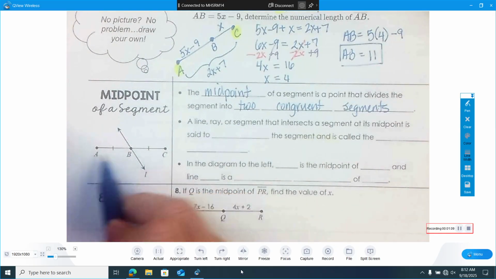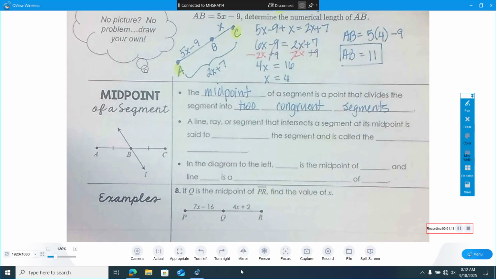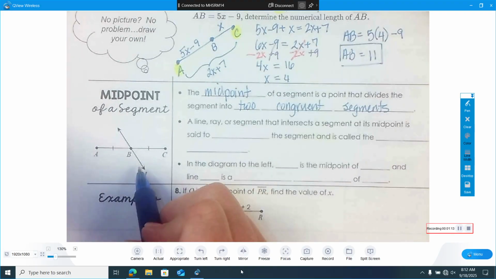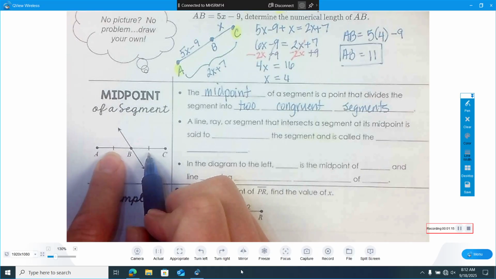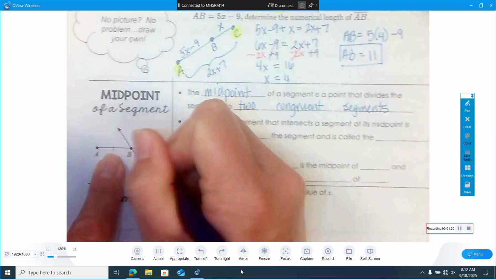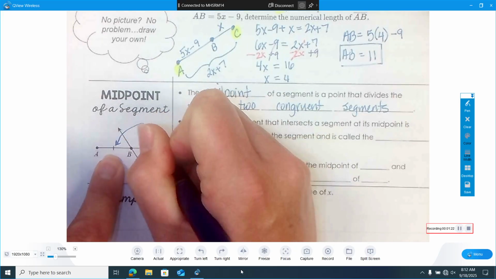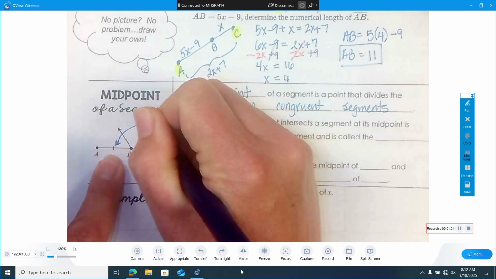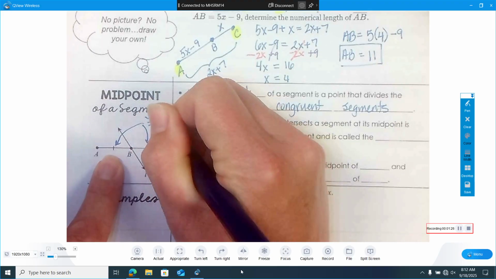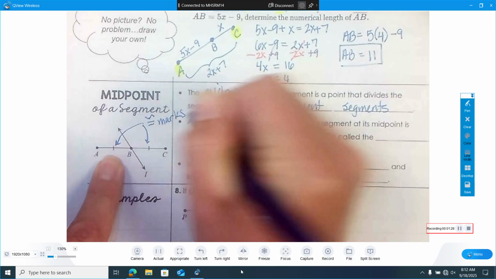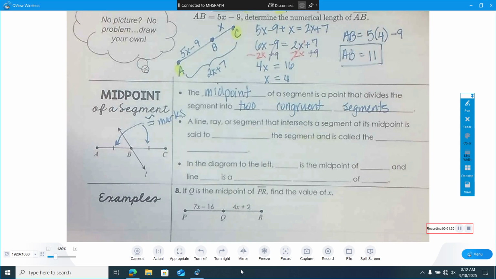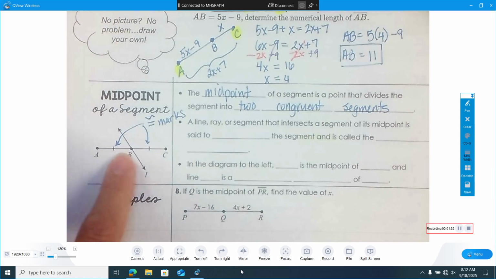So in this particular picture, I want to talk about a little of the notation here. These two markings are called congruence markings. That little dash and that little dash are congruent marks, and they are telling me that segment AB is exactly the same length as segment BC.